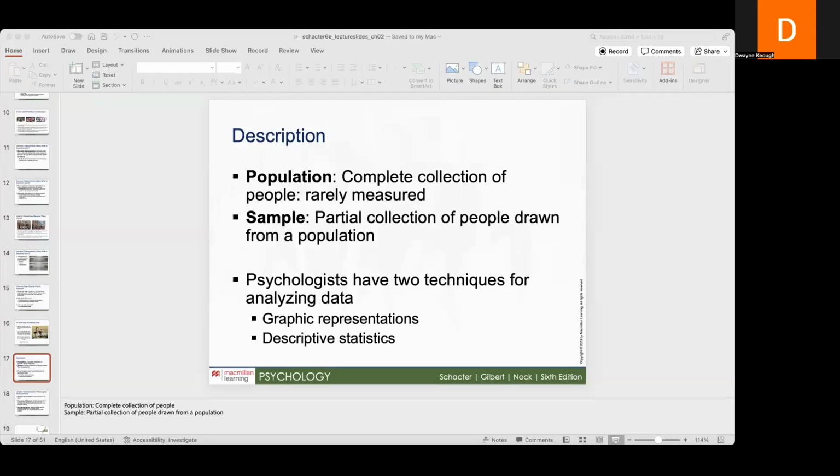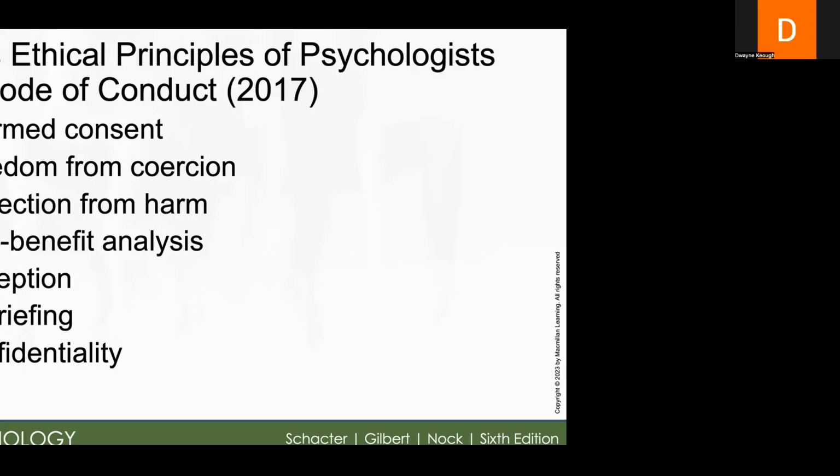But when we do research, we ask for your informed consent to participate. We cannot coerce you to participate in the studies, meaning I'm not going to say, hey, do you want to do this study for $1,000? I can't promise you really high grades to come and do the research where you feel that you can't say yes.